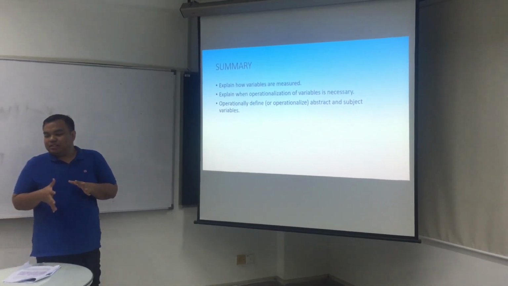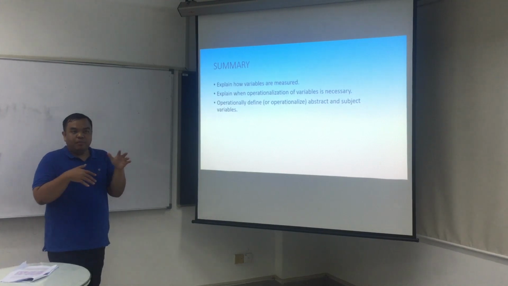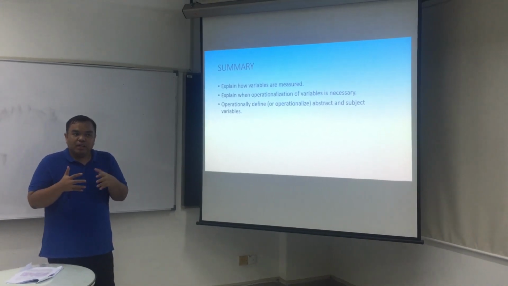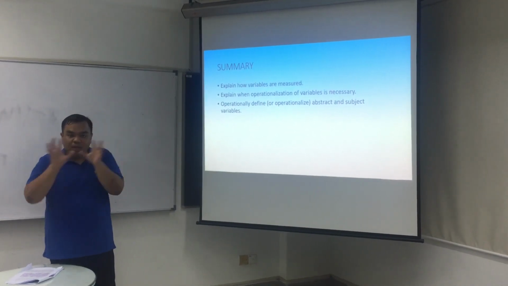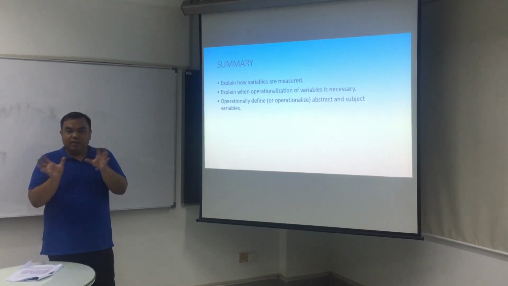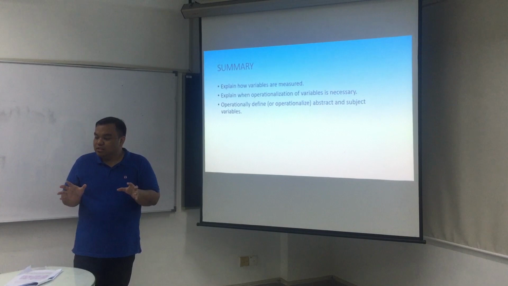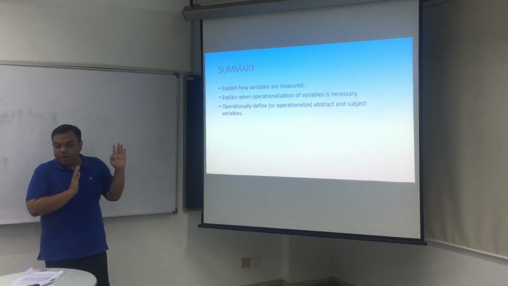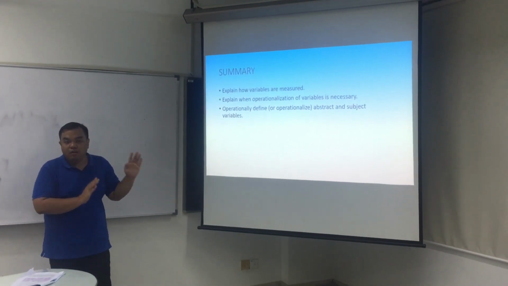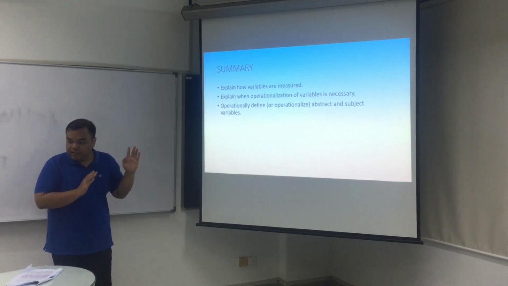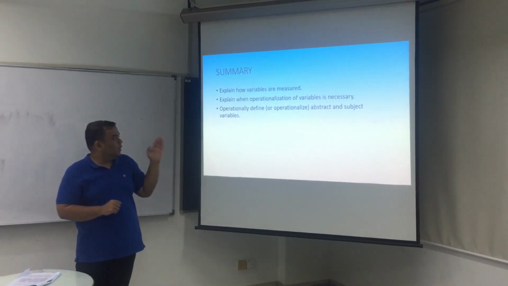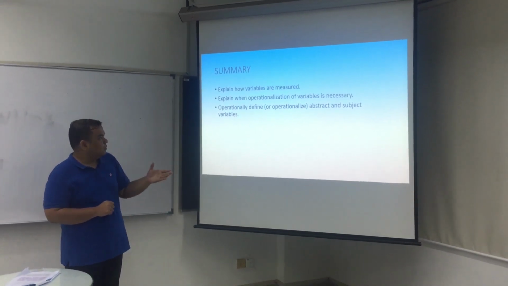So the summary for this part is that operationalization is an extension of conceptualization, which Radhuan said earlier, the linkage between these two. Operationalization explains how variables are measured. Second, it explains when operationalization of a variable is necessary.